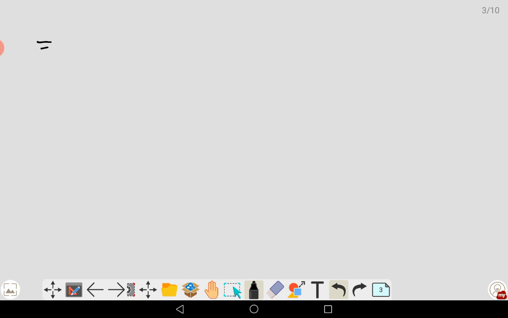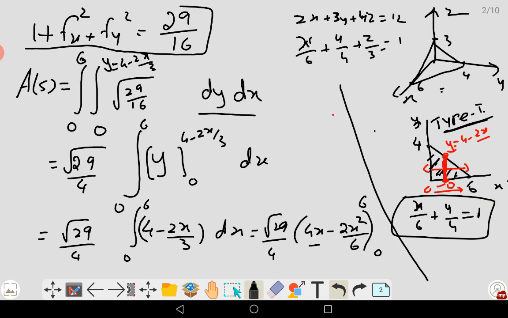So, we are finding the area of S, which is equal to square root of 29 over 4. Substitute the upper limit here. 6 into 4 is 24. Here 6 square into 2 divided by 6, one 6 can be cancelled.